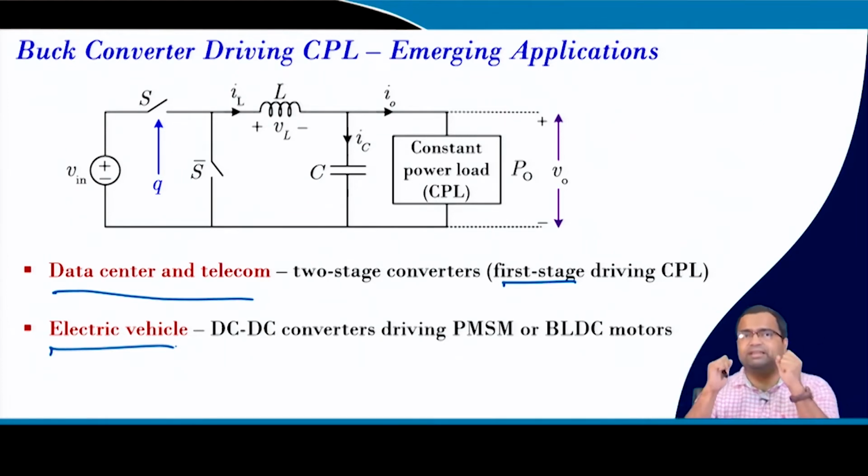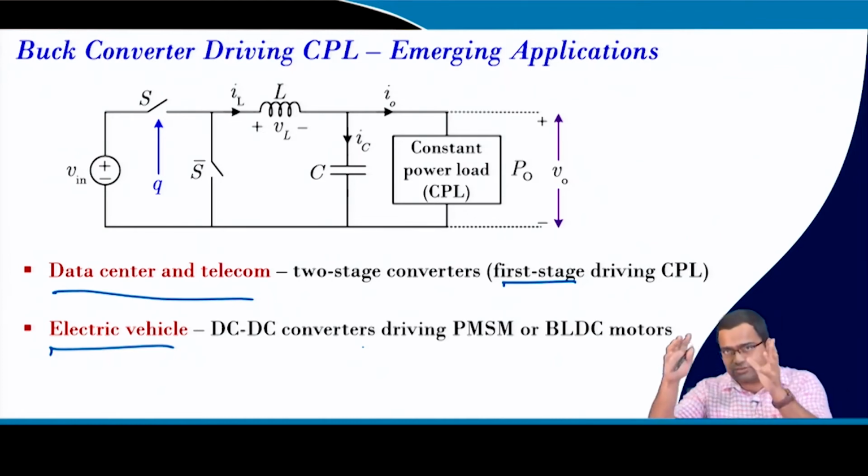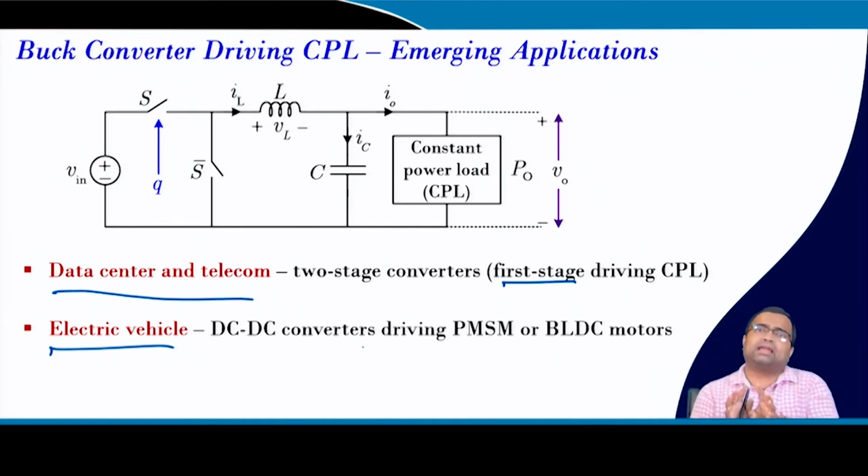That means it is delivering constant power while the vehicle is running at almost constant velocity, right. Under this condition, the inverter as well as the motor, the whole thing, will look like a constant power load to the DC-DC converter.